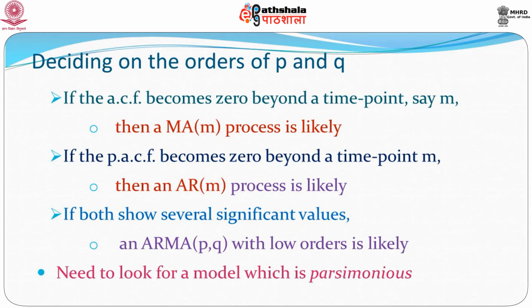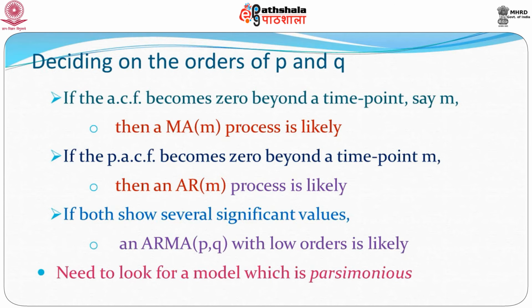What happens here is that if you have too many parameters in the model, then you have to estimate too many unknowns, and that actually reduces the efficiency of the estimates. So, what we would like to do is to have a model with as few parameters as possible, and that is the reason why we would not choose AR(12) and instead go for an ARMA(1,2) if that is possible.